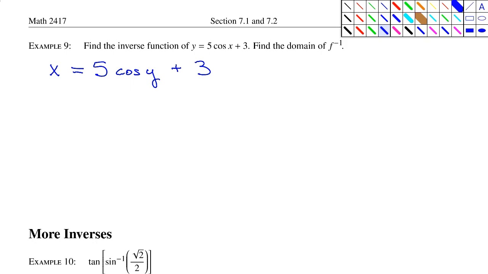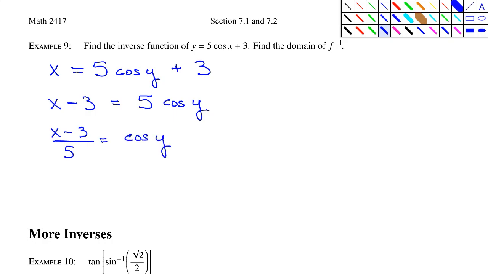Now we want to solve for y. So next I'm going to move the 3 over. We get x minus 3 is equal to 5 cosine y. Divide both sides by 5. We get x minus 3 over 5 is equal to cosine of y.